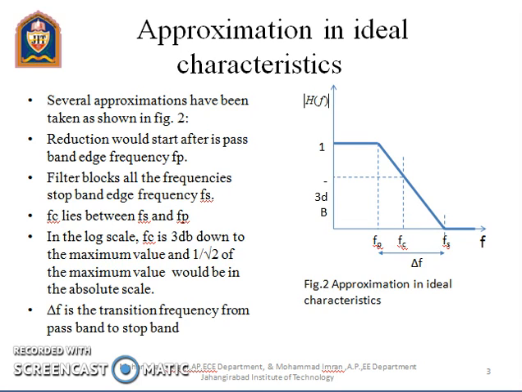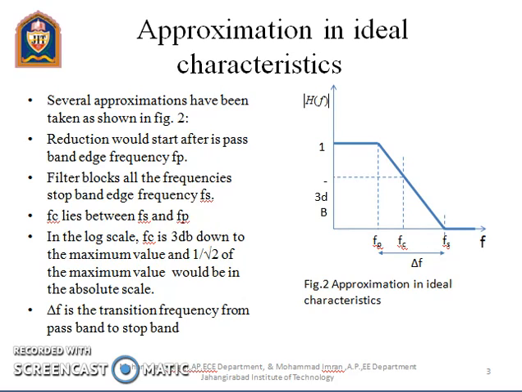Relatively, we have a few values in dB from -3 to 1 dB. So the reduction would start after it passes the pass band edge frequency Fp. The filter blocks all the frequencies beyond the stop band edge frequency Fs. Fc lies between the frequency Fs and frequency Fp.